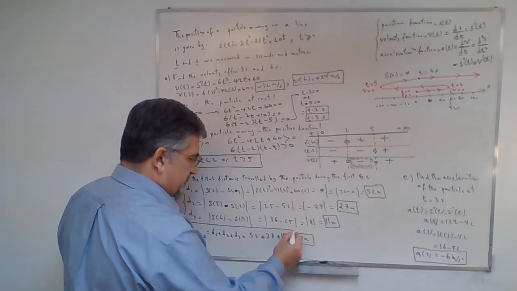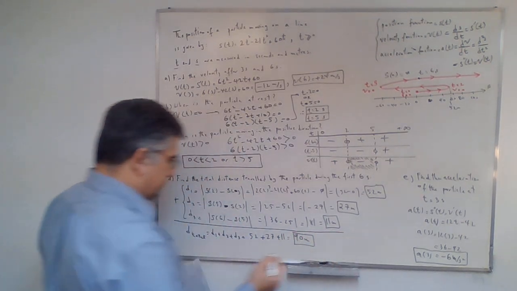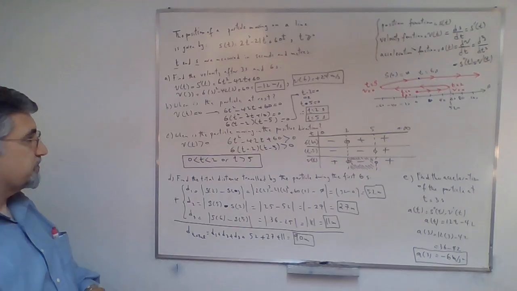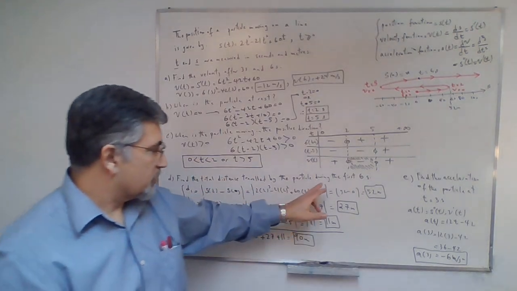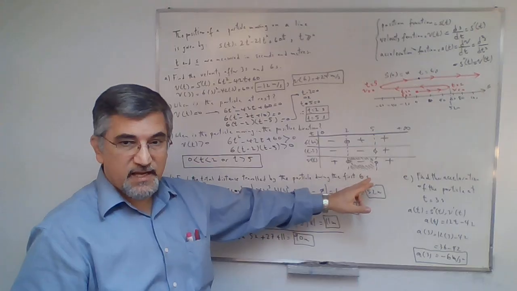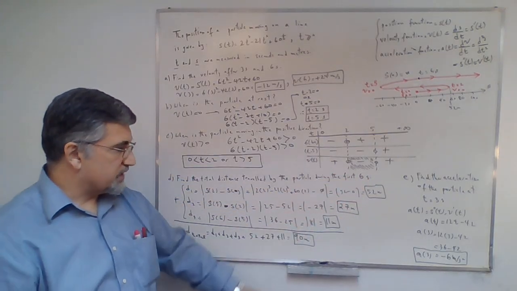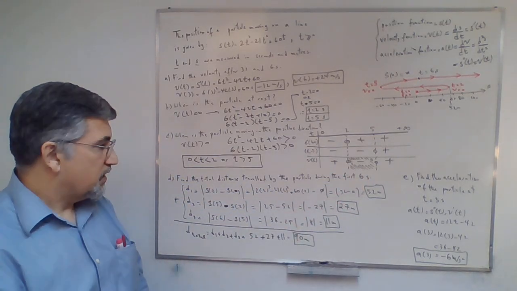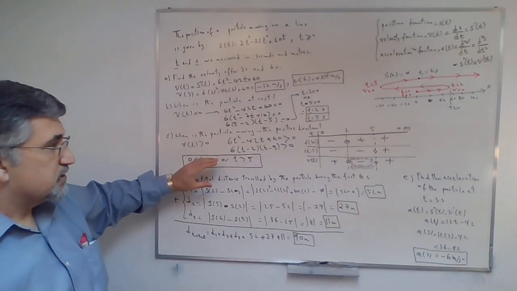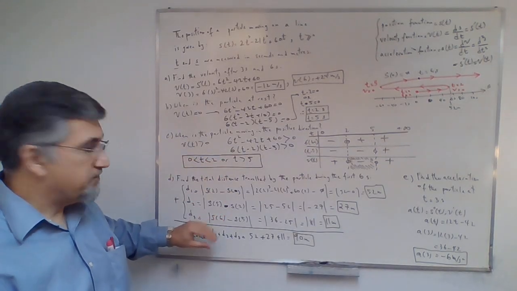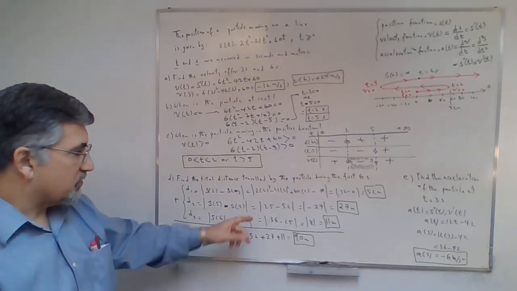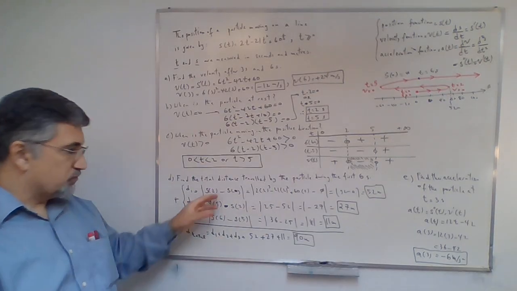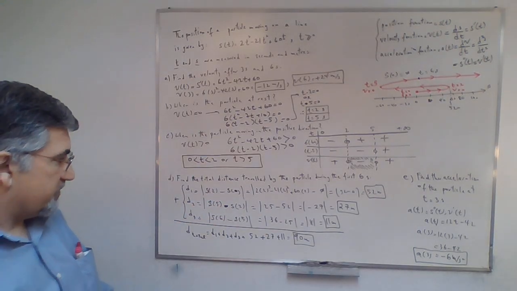So this is the very final answer, the total distance traveled from 0 seconds to 6 seconds, or during the first 6 seconds, in other words, that was 90 meters. It was a smart idea that we calculated the distances separately, and then we took the absolute values and added them up, because otherwise we would get the wrong answers. If you don't take the absolute value, you get the wrong answers.